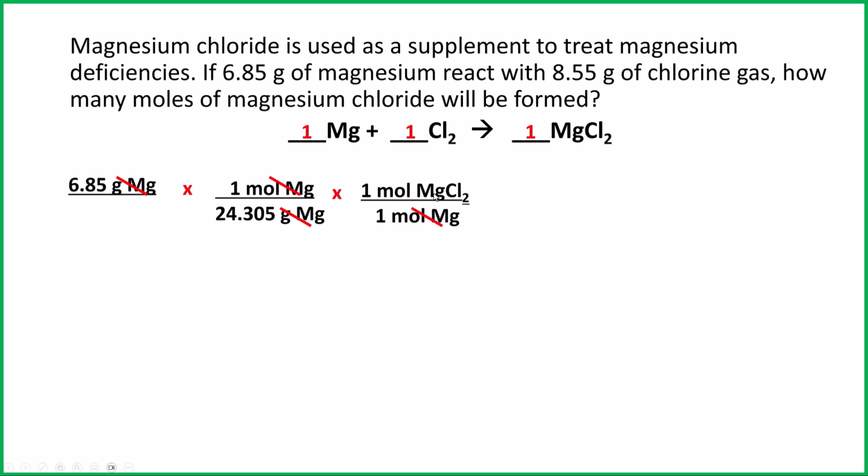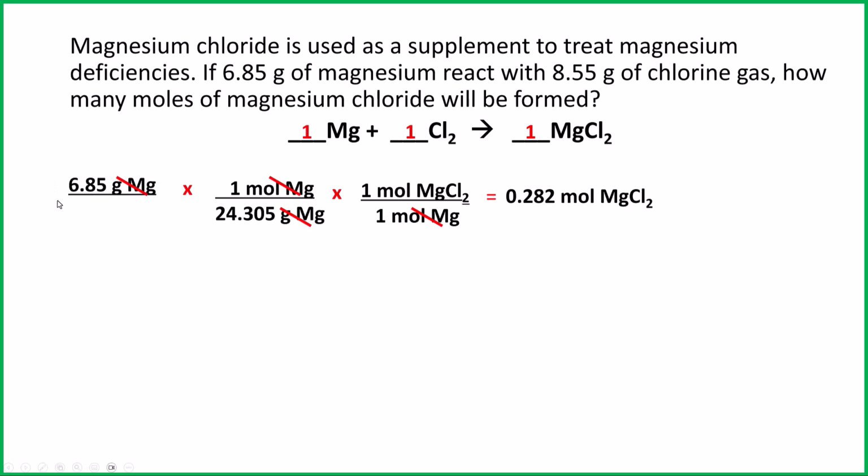And then 1 mole of magnesium chloride on the top. And that is the unit that we want. We want moles of our product. So we're going to stop there and calculate by multiplying across the bottom, and then dividing those two numbers. 0.282 moles of magnesium chloride can be made from 6.85 grams of magnesium.